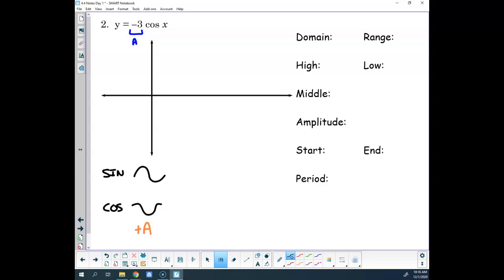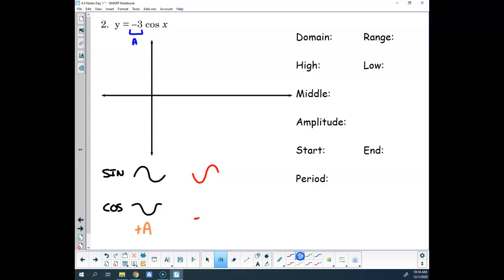With negative A values, those both flip vertically, or they get reflected, is the true term, vertically. So a negative A value sine function would look like that.